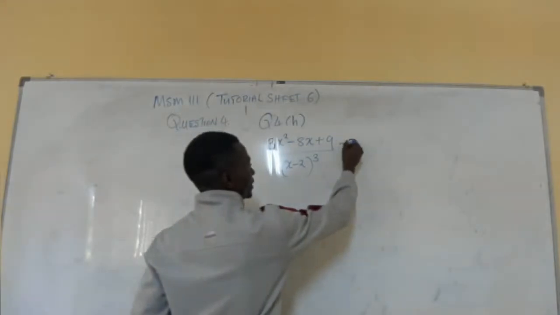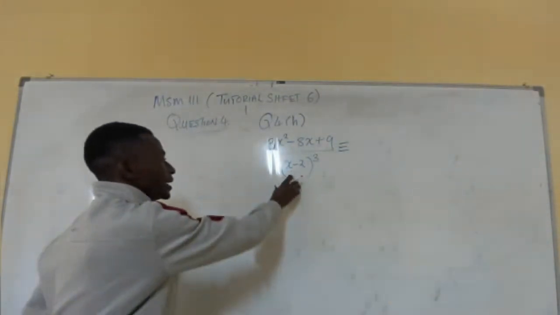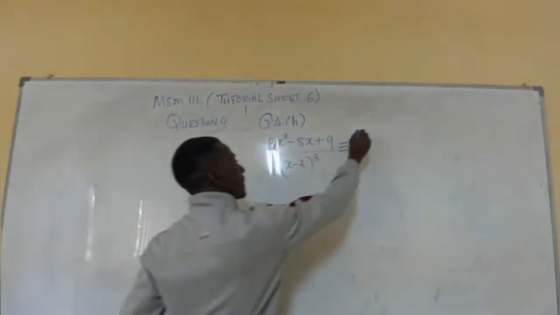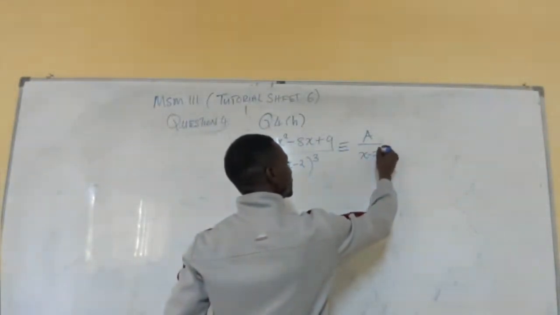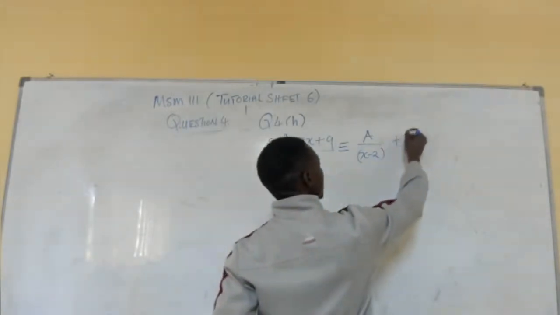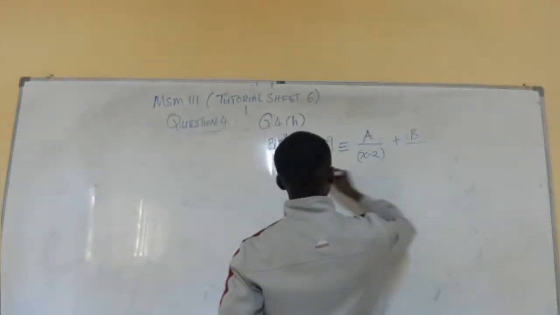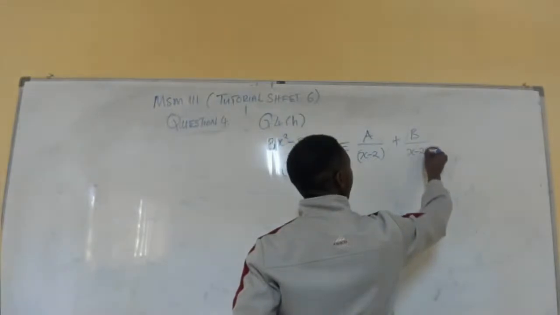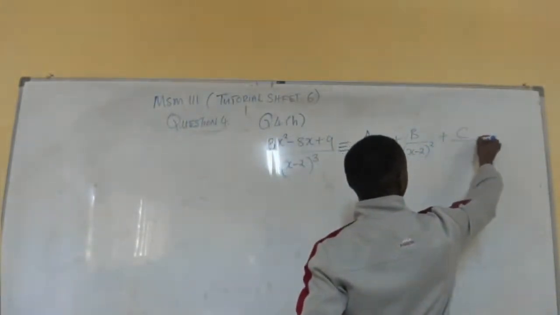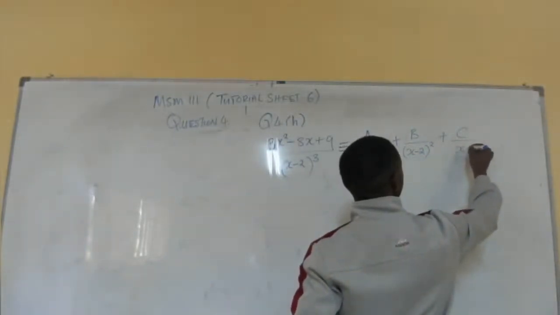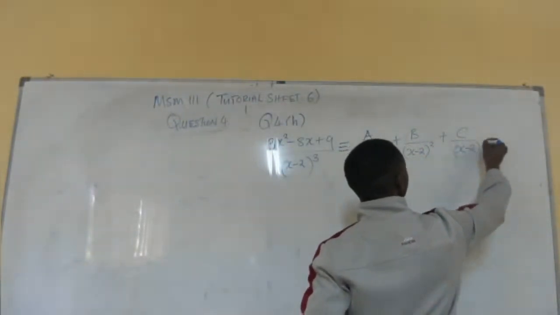So now let's do this. This can be expressed in partial form as a over x minus 2 plus b over x minus 2 to the power 2 plus c over x minus 2 to the power 3.